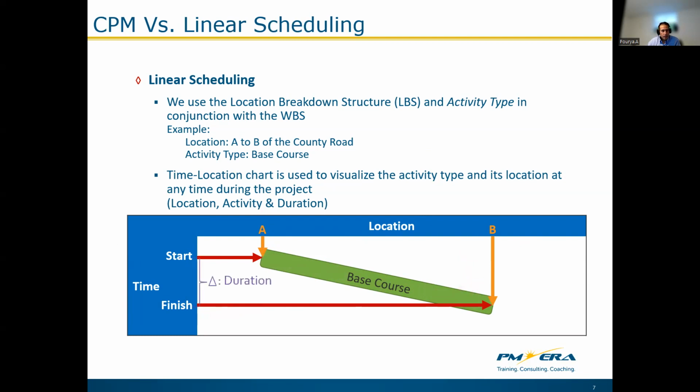So here, the difference between the start time and finish time is the activity duration, and the difference between the start and finish location is the distance of the activity. Therefore, here in the time location chart, we have location, activity, and duration.